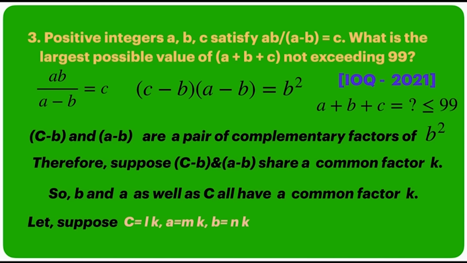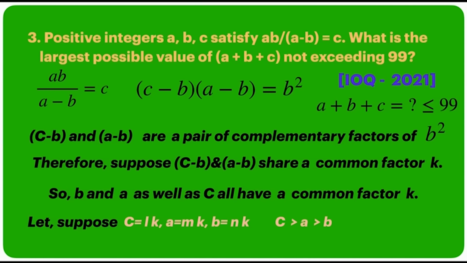But if we observe the equation c minus b into a minus b equal to b square, then we can understand that c is greater than a and b, and a is greater than b, because a minus b is a positive factor and c minus b is also another positive factor, because on the right side there is b square. So clearly, considering all these, we can write that c greater than a greater than b.